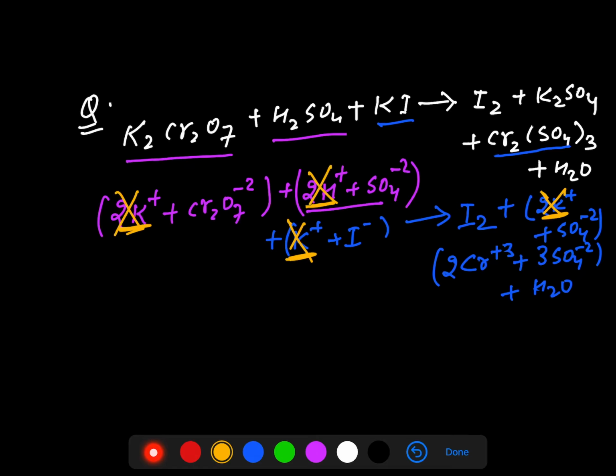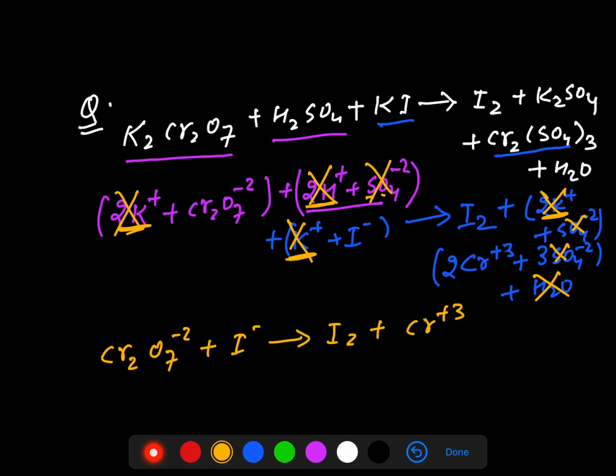The sulfate ion also is not changing its oxidation number, neither sulfur nor oxygen, so it's also a spectator and we will remove it. Water we can remove as well. Now we are left with just this equation: Cr2O7 minus 2 plus I minus gives us I2 plus Cr 3 plus. I have removed these numbers; we'll get them back when we are balancing it.